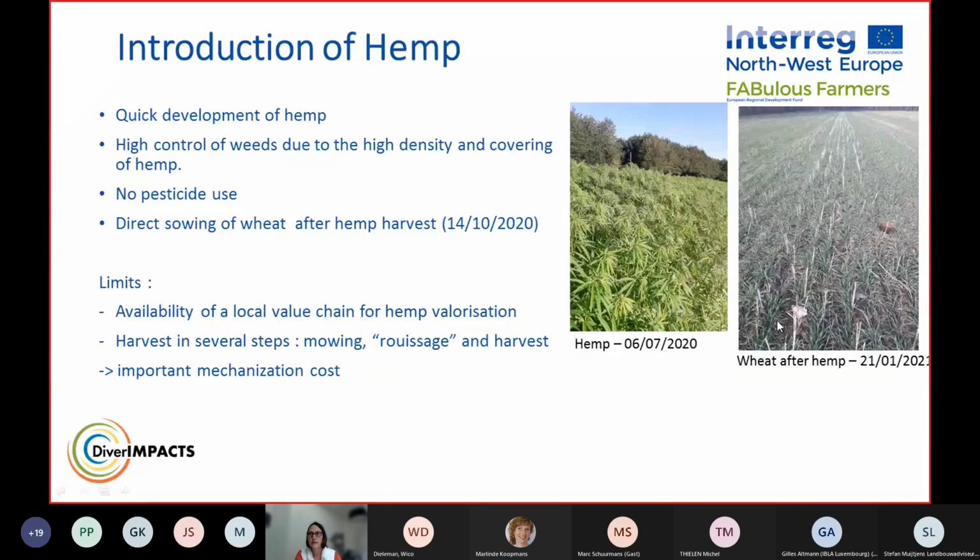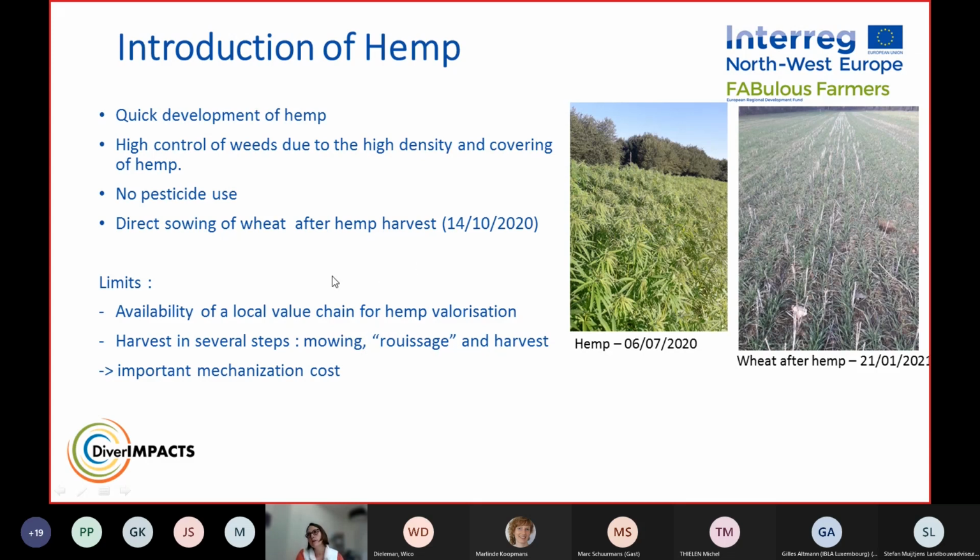So it's very interesting in our condition, but the limit that we have is the availability of a local value chain for hemp valorization.